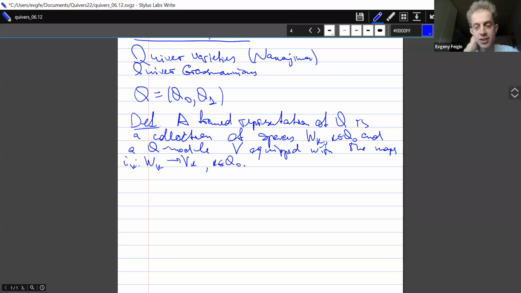So in other words, a framing is the following. You consider a representation V, and then to each vertex you attach another space WK and a map from WK to VK. Let's use the following notation.